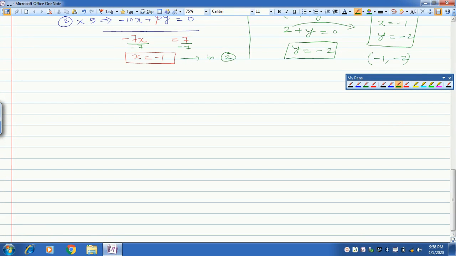Solve 3x plus 6y is equal to 11, and here 2x plus 4y is equal to 9.